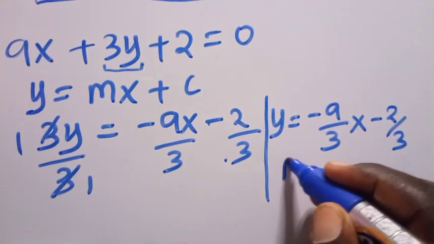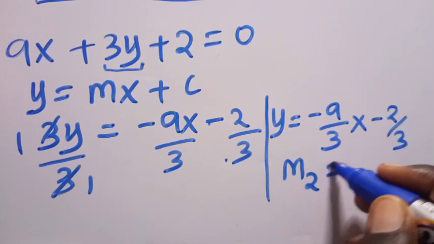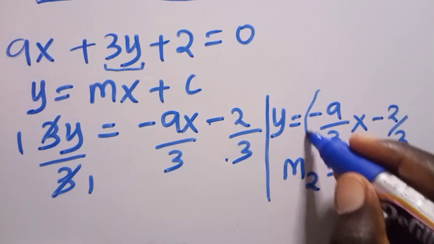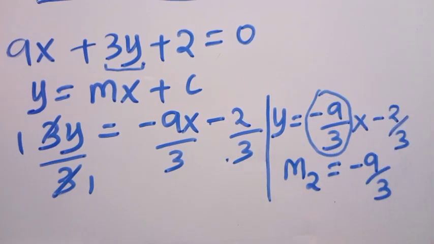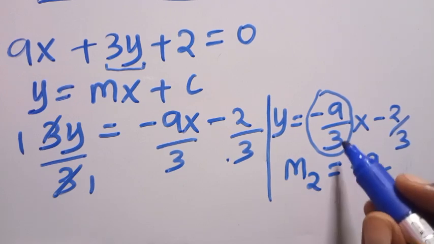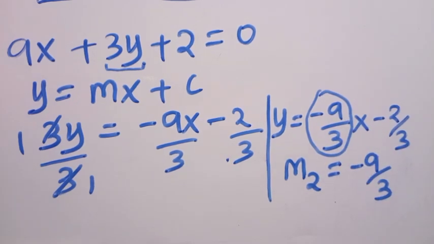That means our m2 is -a/3. This is the gradient of line 2. So m2, the gradient of the second line, is -a/3.